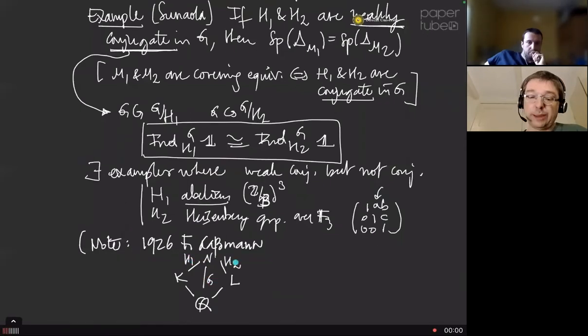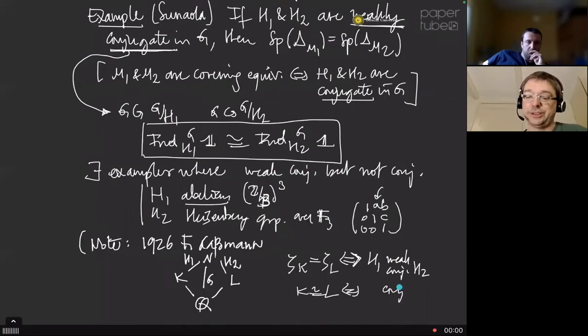And now the Dedekind zeta functions of these things are equal if and only if you have a weak conjugacy. And the fields are isomorphic if and only if you have real, strong conjugacy, whatever you want to call it.